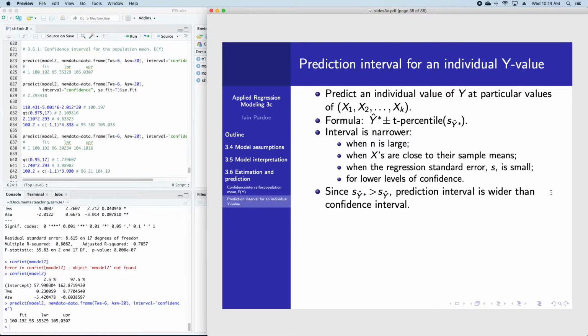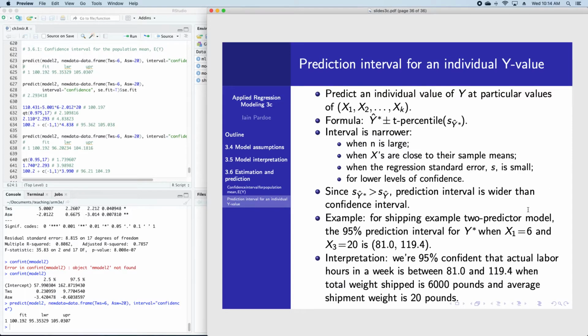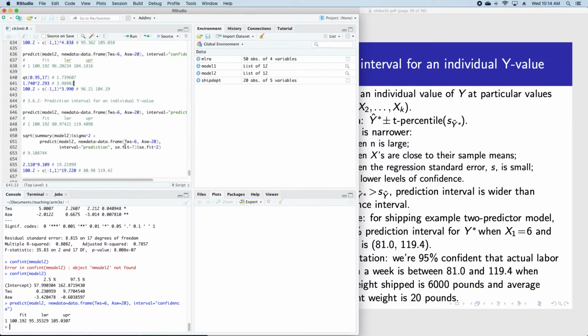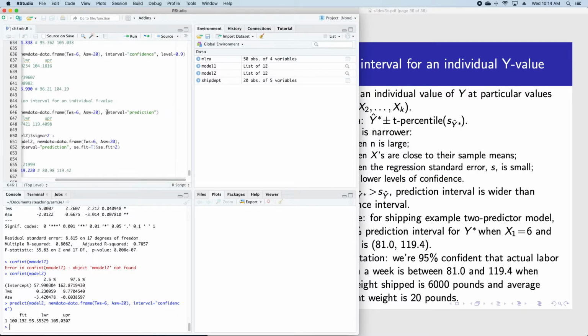And as I mentioned, since the standard error of prediction is larger than the standard error of estimation, the prediction interval is always wider than the corresponding confidence interval. So let's go back to R and get the prediction interval. Use the same function predict, only now we change the argument interval to read prediction instead of confidence.